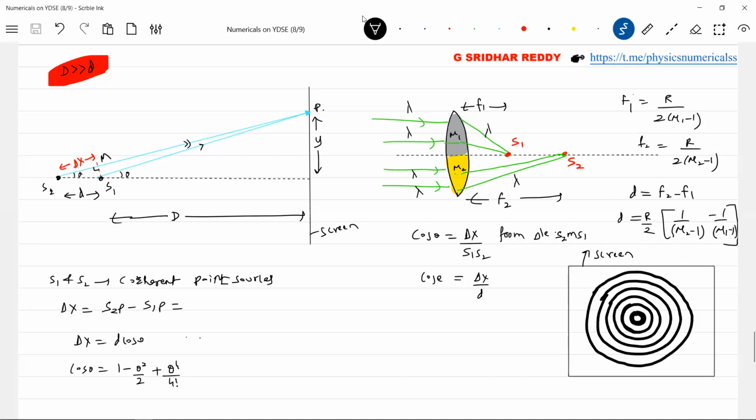Yes, it should be like this. Let me recollect the expansion of cos theta, with theta very small.